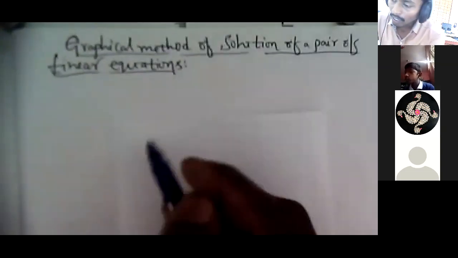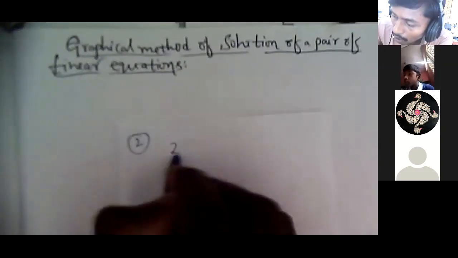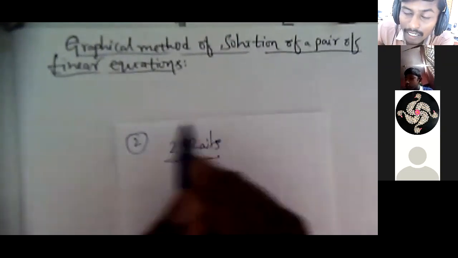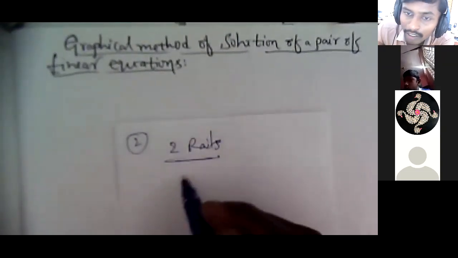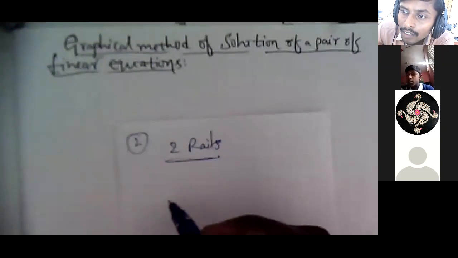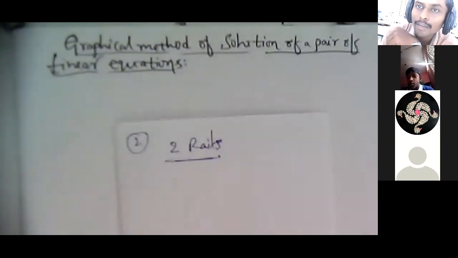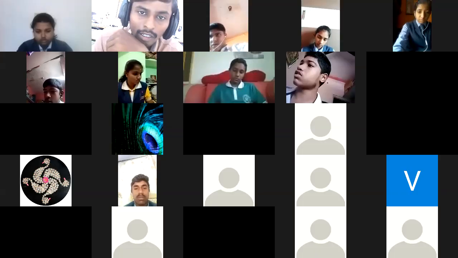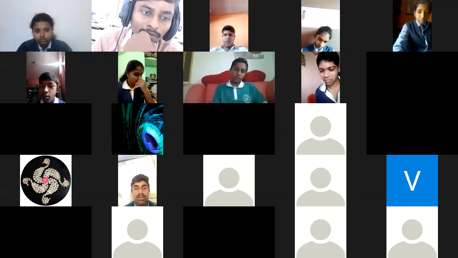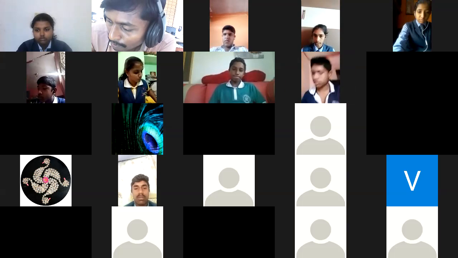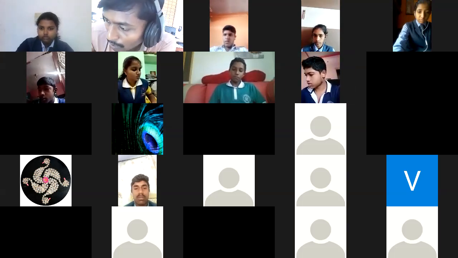Leave it. Come to the second example: two rails represented by the equations. See that problem? Tell me the equations. x plus 2y minus 4 is equal to 0.